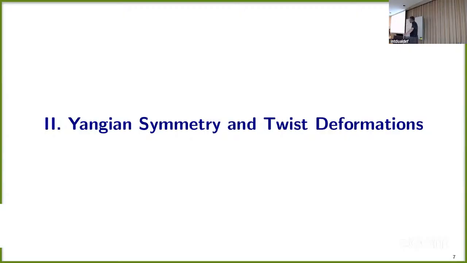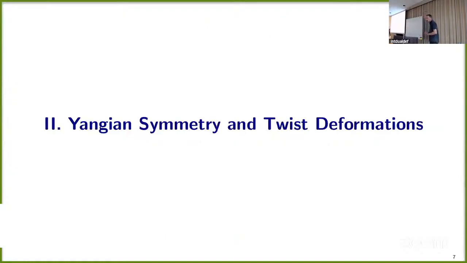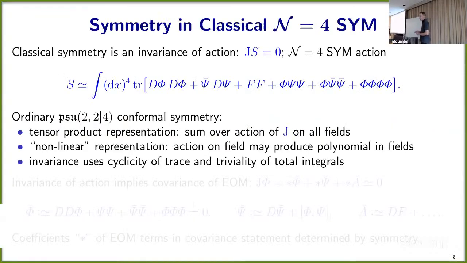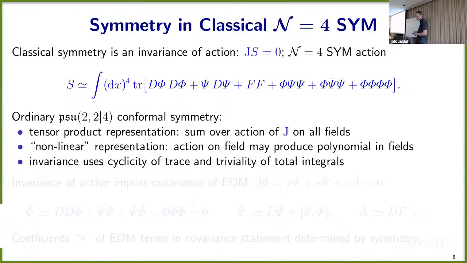Okay, so let me try to address this. I mean, this symmetry works in a plain way for ordinary spin chains. Let's try to apply it to twist transformations. But first of all, what are these twist transformations? Well, maybe I should first discuss the setup for these theories.